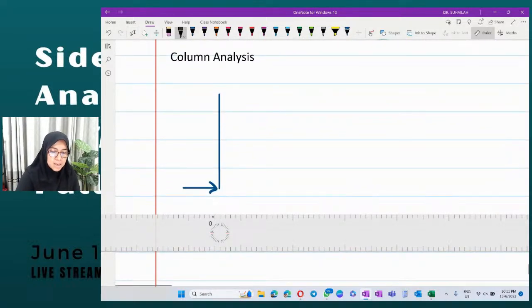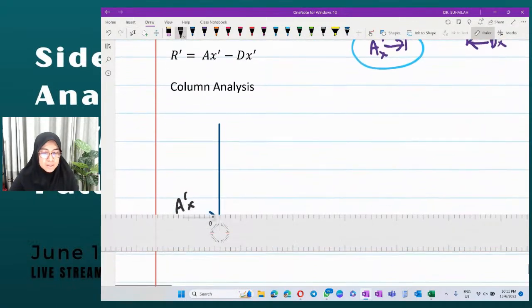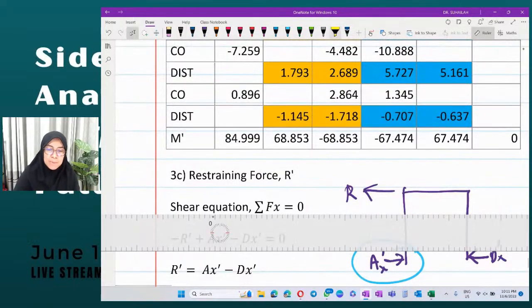This is AX prime. The moment from table 2 is positive 88.9, 85.